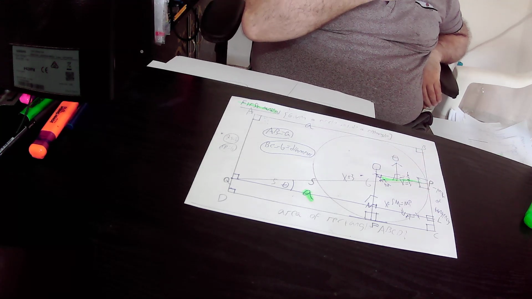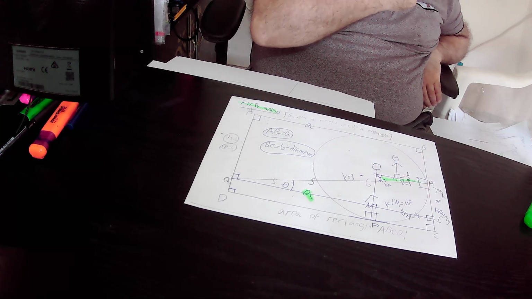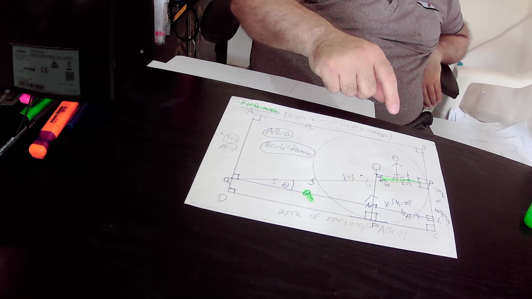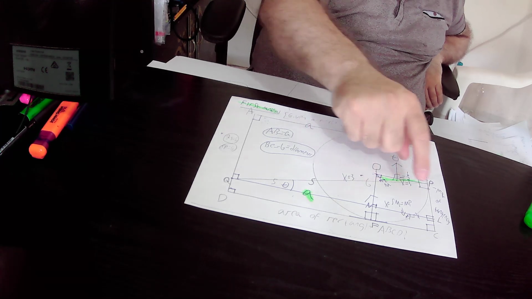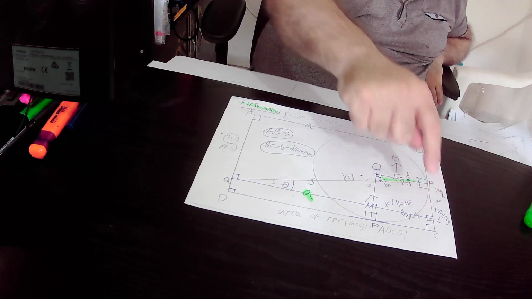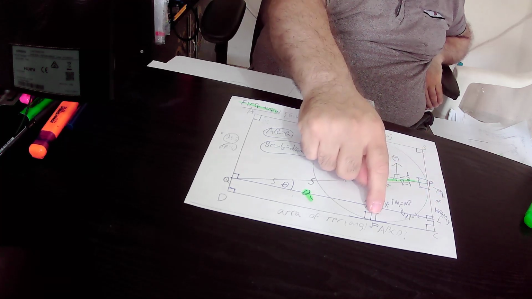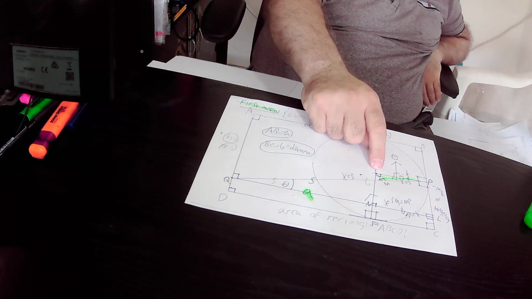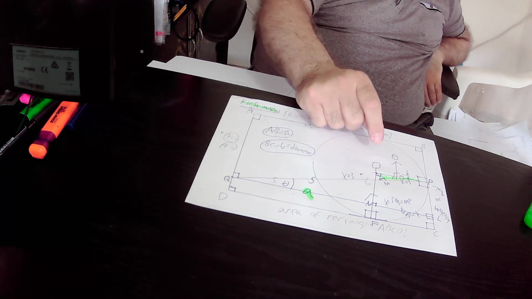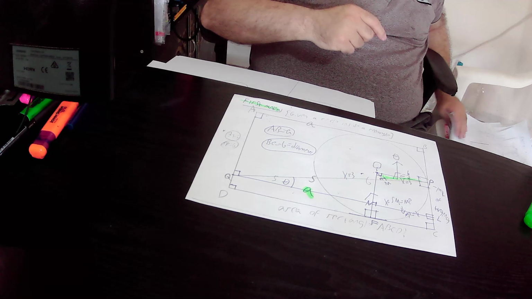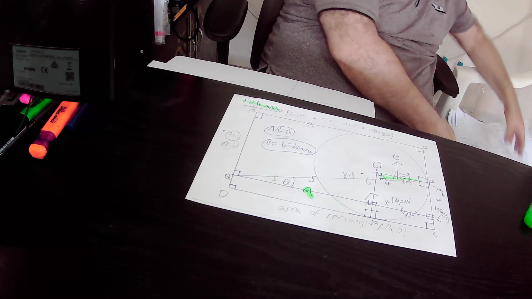Okay, and here inside quadrilateral OPFC we have 1, 2, 3 right angles. Therefore, the fourth angle must also equal 90 degrees. Then I presented to you rule number 4.